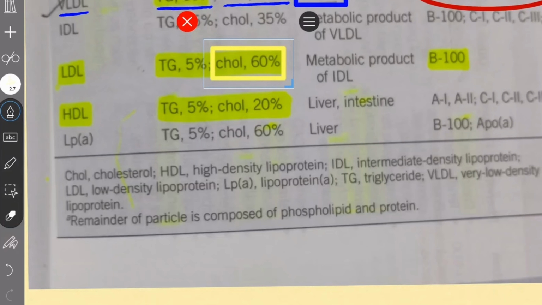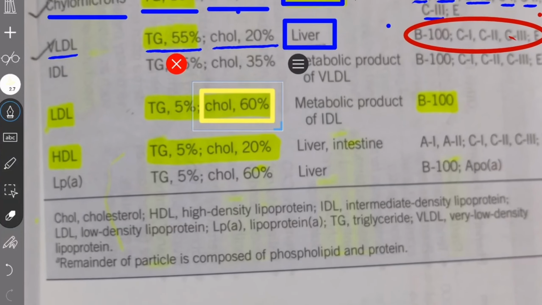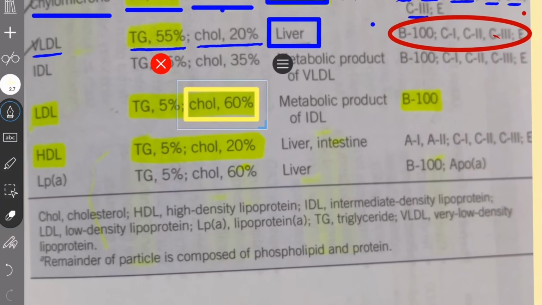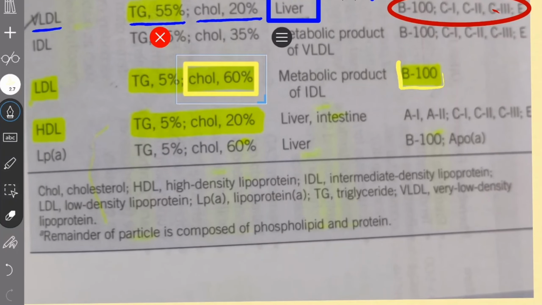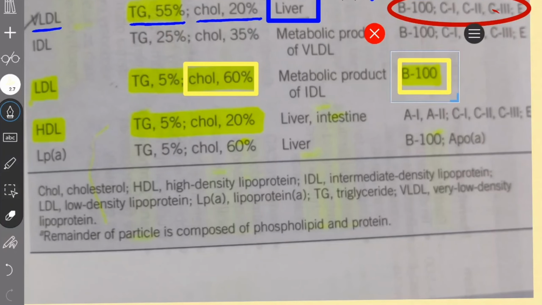But cholesterol is not at all dangerous. Your body needs it to protect its nerves and make healthy cells and hormones. Low levels of cholesterol affect the immune system also. The apolipoprotein in the LDL is B100.